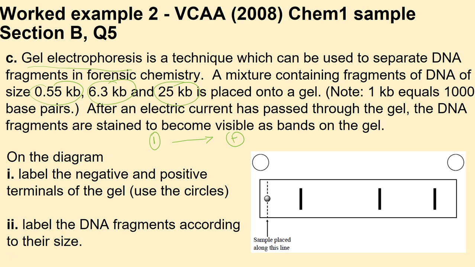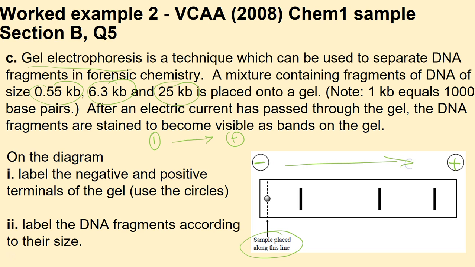In order to be able to label the gel, we need to know where the samples were placed in. The diagram tells us here that they were placed along this line. Remembering that the positive terminal is opposite to where the samples were placed, so that must be here, making it the negative terminal at this end.